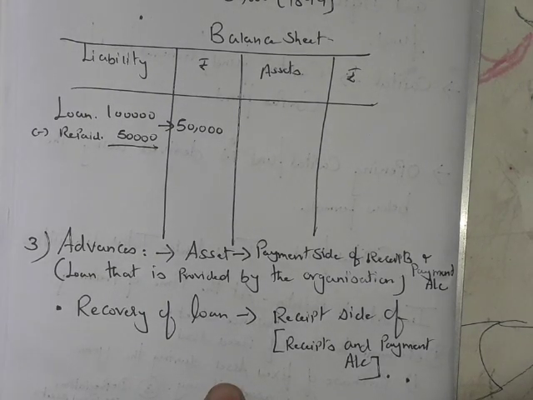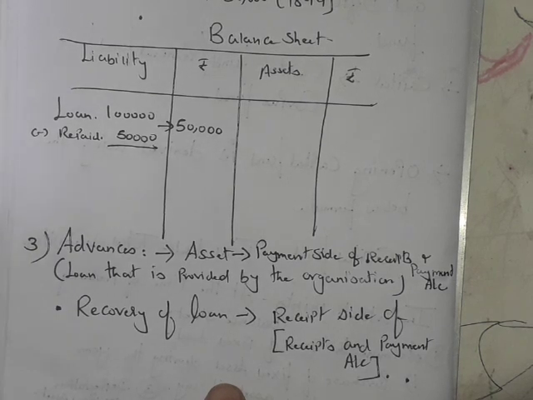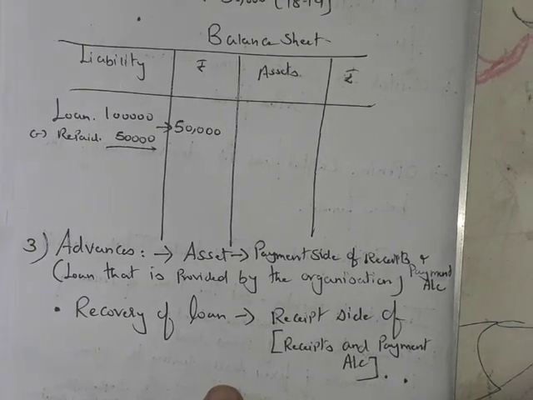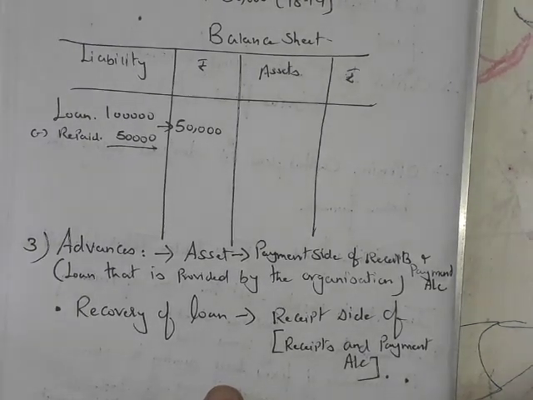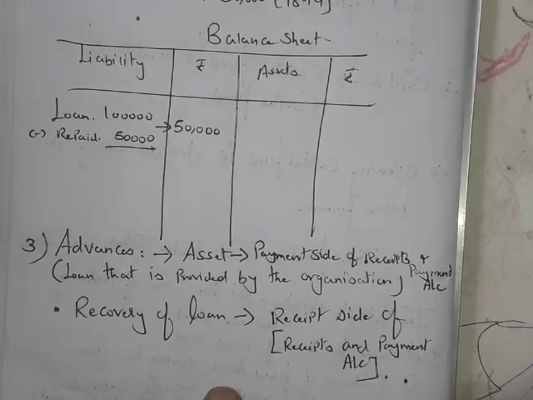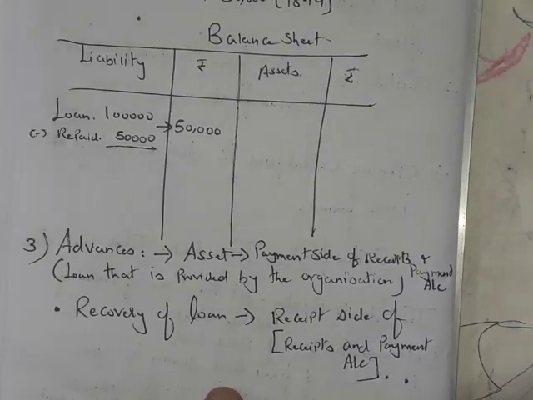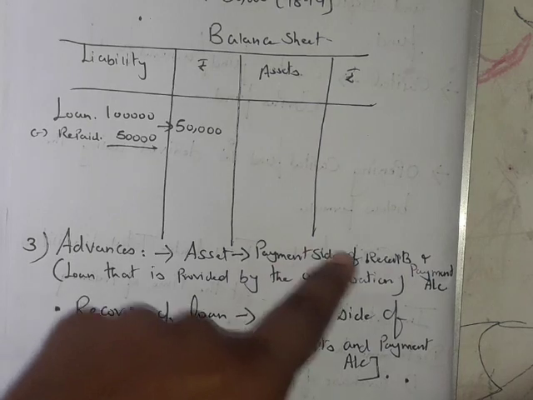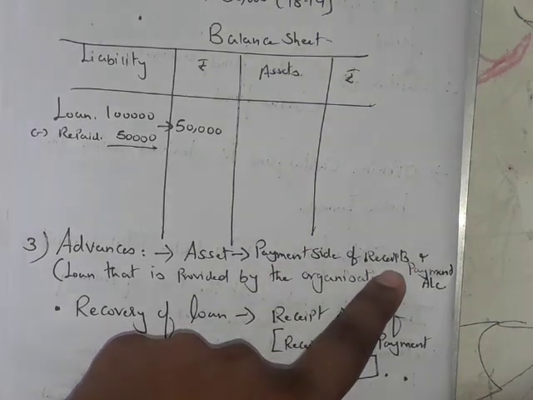And this payment, that is the advances the NPO has made, will be shown in your receipts and payment account on the payment side. So any advances done by NPO will appear on the payment side of the respective receipts and payment account.